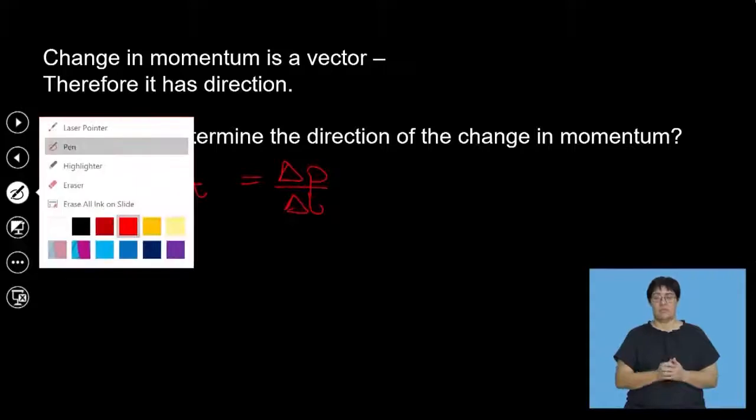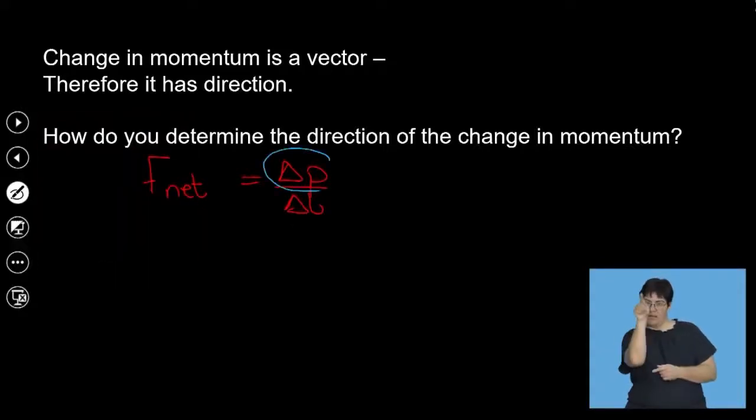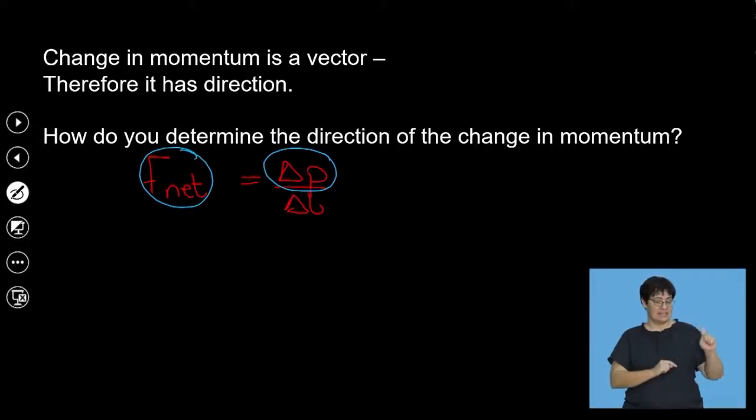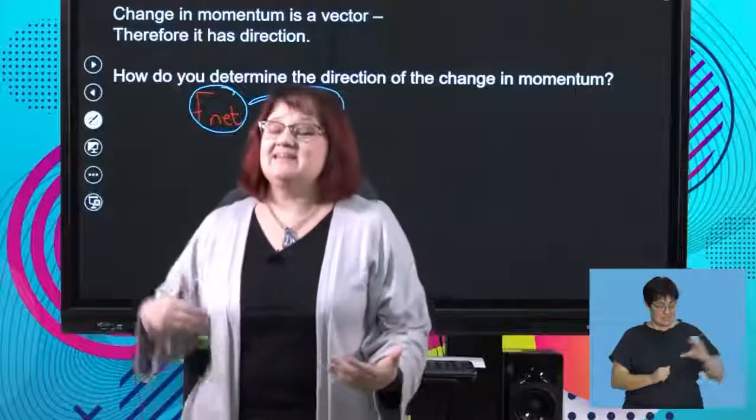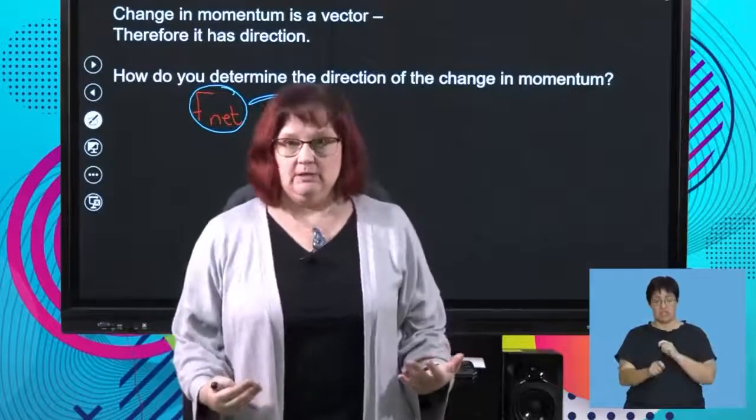That means we have to consider this vector and that vector. Because F net has direction, and we've got that equal sign, these directions have to be the same. So the direction of my F net will be the direction of my change in momentum.